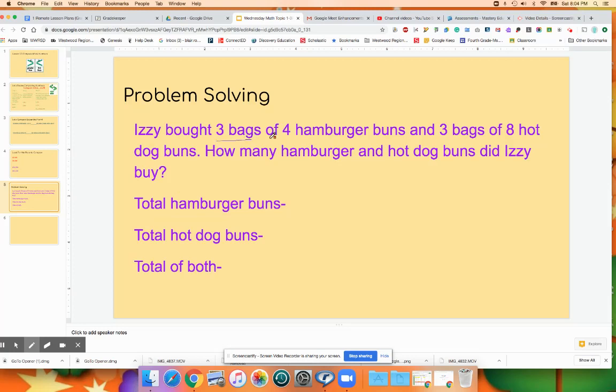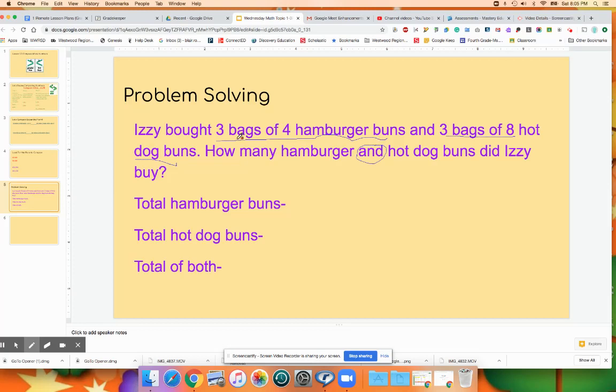I need to find out the total number of hamburger buns. And then I need to find out the total number of hot dog buns. And then I need to find out how many, because this end here, how many hamburger and hot dog buns did Izzy buy? So this is sort of my clue to tell me that I'm adding the totals together.